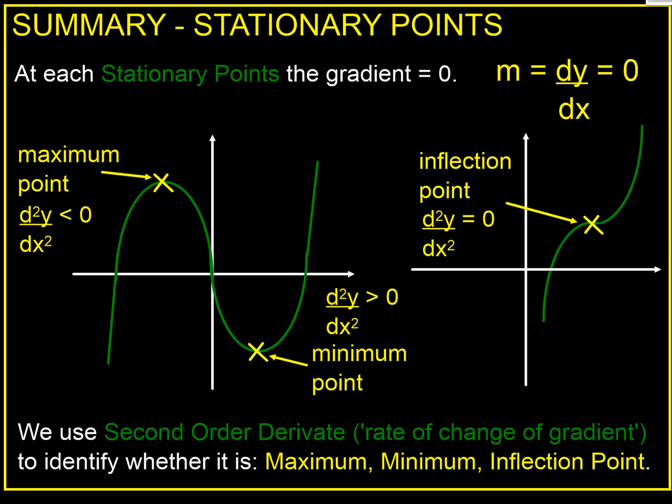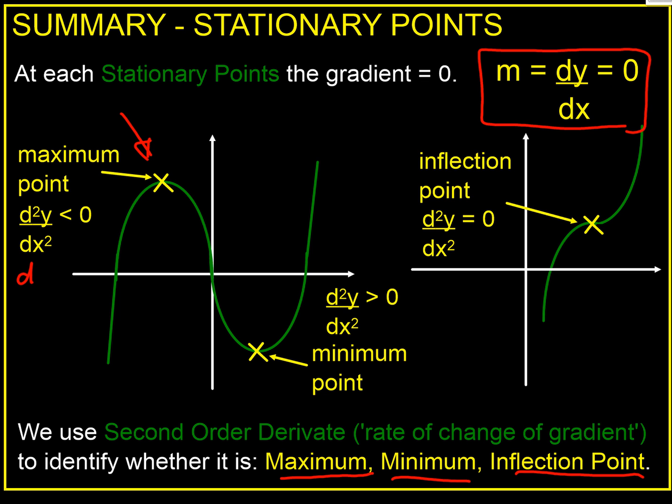A quick summary at the end here. We've got three types of stationary points: maximum, minimum, and inflection points. And at all of these stationary points, the gradient equals 0. At a maximum point, the rate of change of the gradient, dm by dx, is going to be less than 0 because the gradient is going from plus to minus.